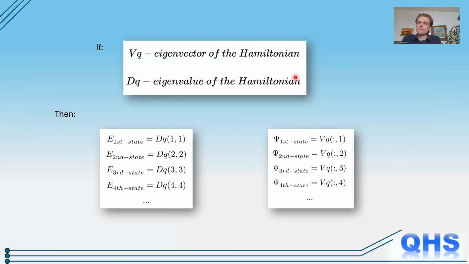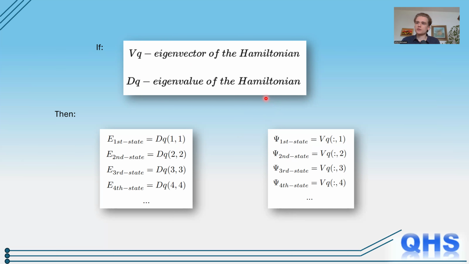If we define two matrices, let's say one is VQ and the other is DQ, the first will be the eigenvectors of our Hamiltonian, and DQ will be the eigenvalues of the Hamiltonian.